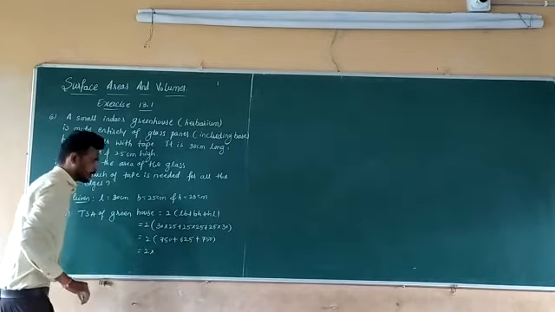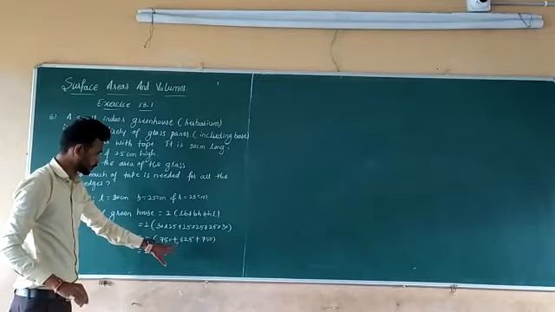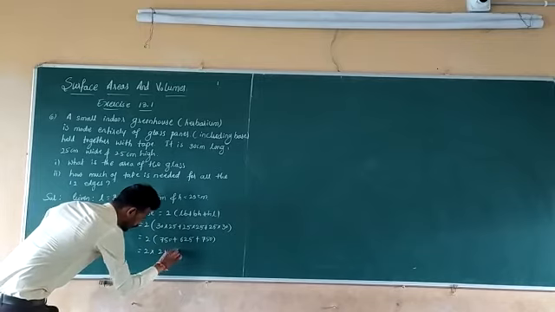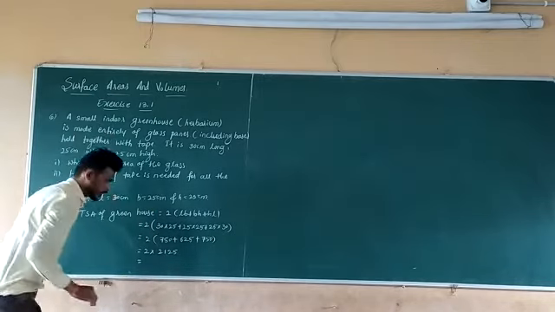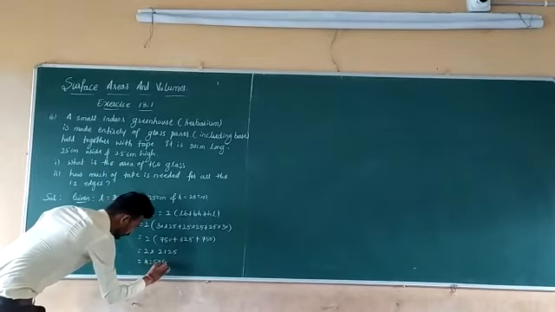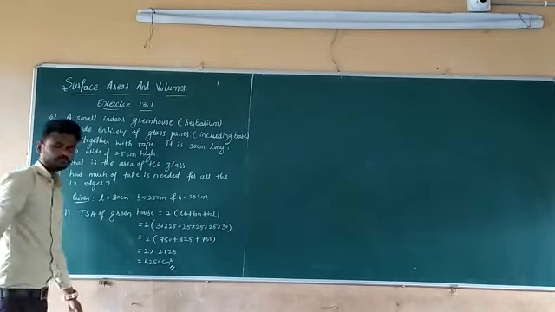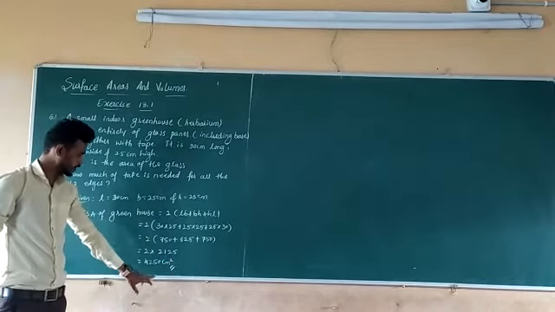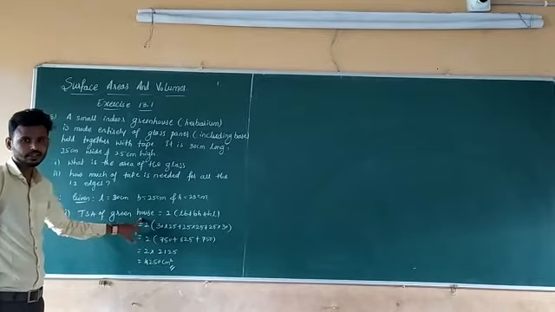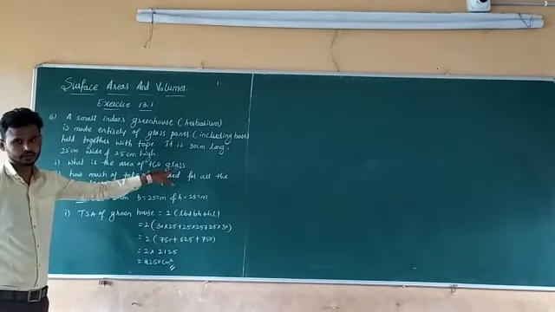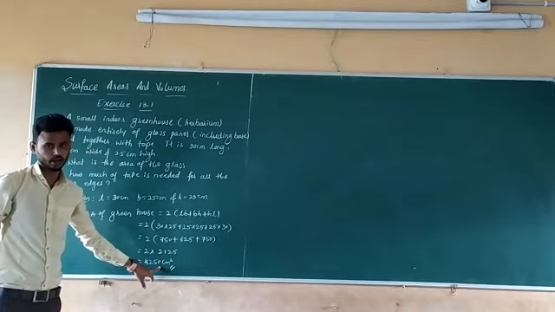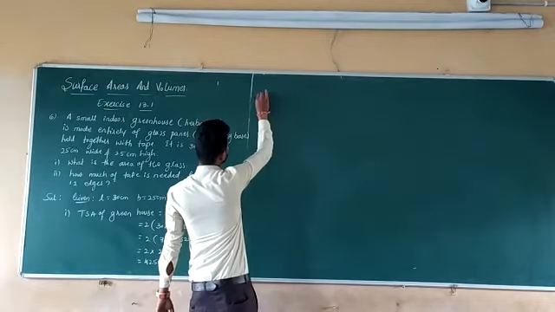So 2 into 750 plus 750, 1500, 1500 plus 625, you get 2125. So 2 into 2125, you will get 4250 centimeter square. This is the TSA of greenhouse, that means the area of the glass used. Area of the glass used is 4250 centimeter square.